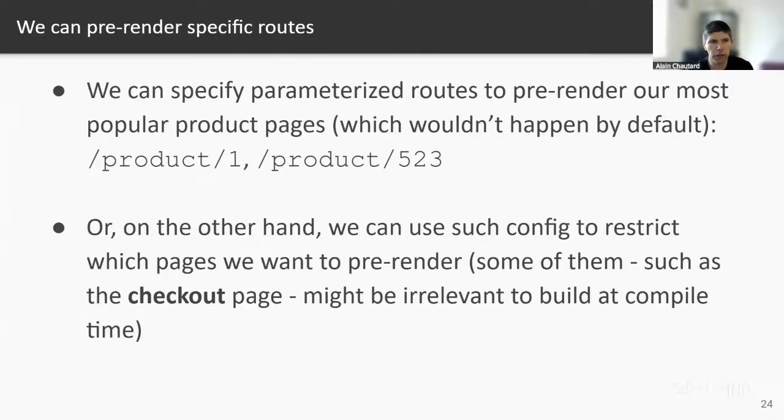So in these scenarios, we can help Angular, and that's something that's going to change very soon. They're going to make it even better by giving us a way to completely customize the approach and be able to tell Angular, hey, this is how you get the list of all of the routes you have to pre-render. This is how you get the IDs of all of the different params you can use.